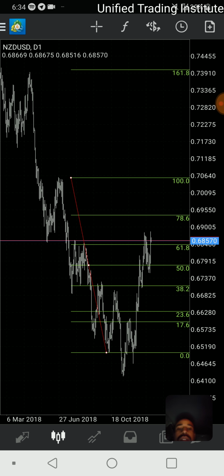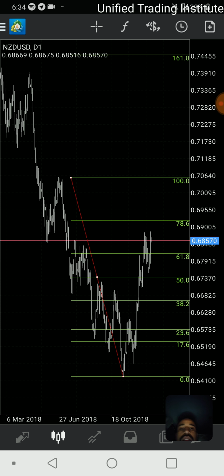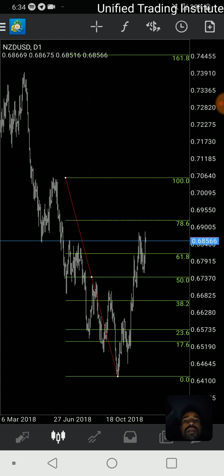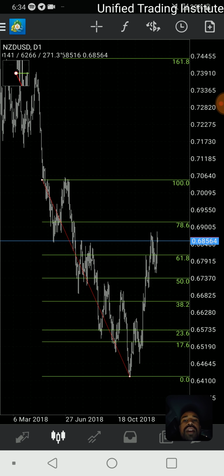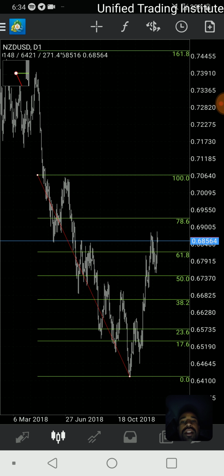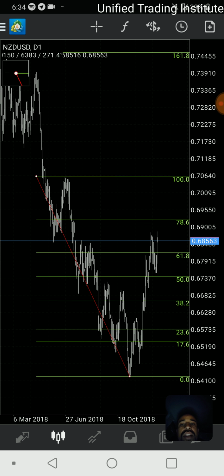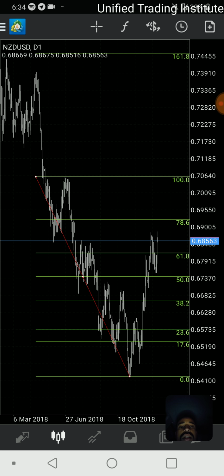Oh, that's not my swing low. Alright, there's my swing low. And then if I go over here to this high, because this was a high, and it was literally the most recent high to where price is at right now. Okay, so I see price has gotten up, we're in between 61 and 78.